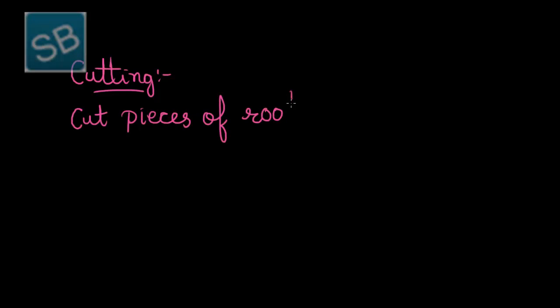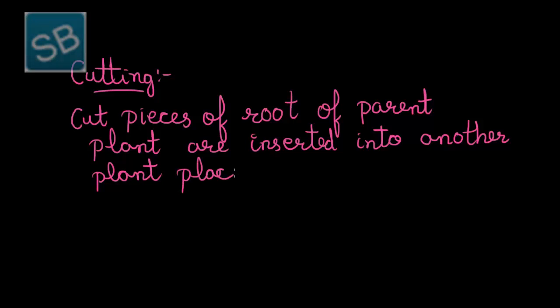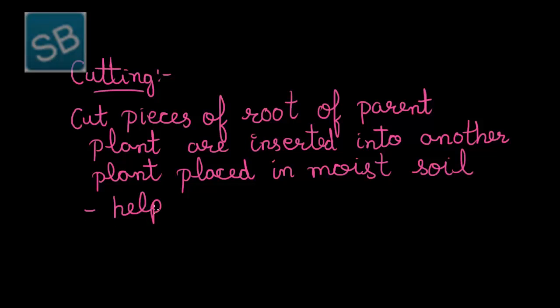So let us begin with the first method, that is cutting. In this method, the cut pieces of root of a plant, which here will be termed the parent plant, are inserted into another plant that is placed in moist soil, which gradually with time helps in the development of adventitious buds.